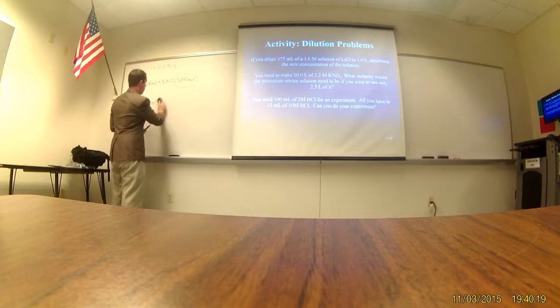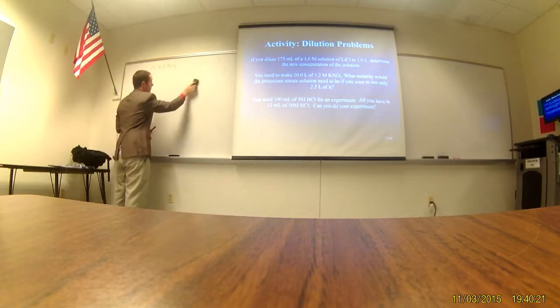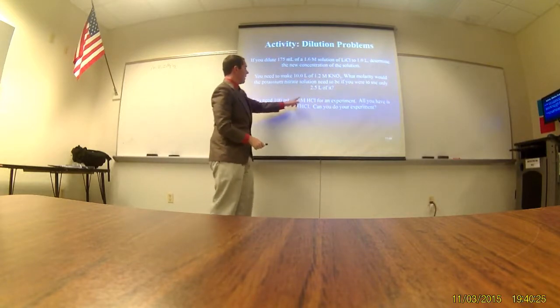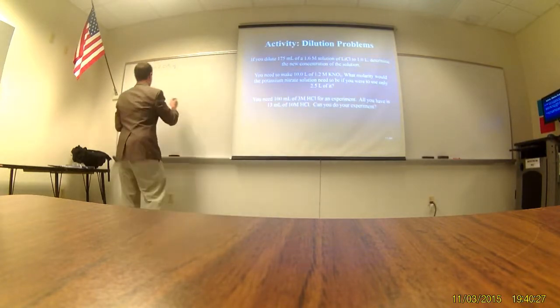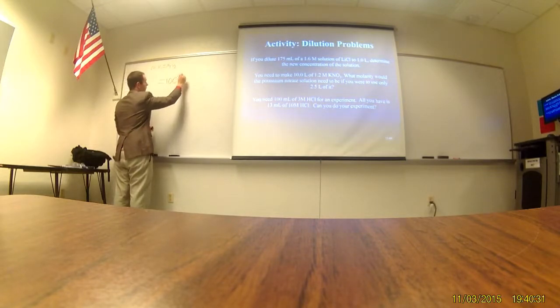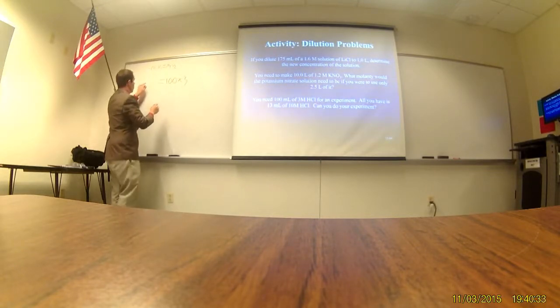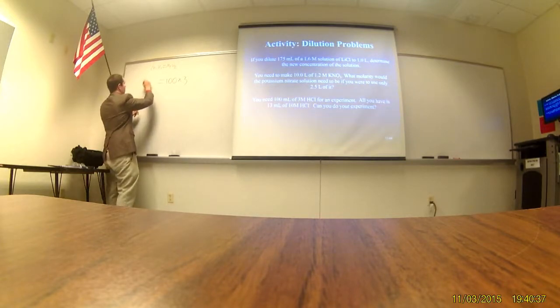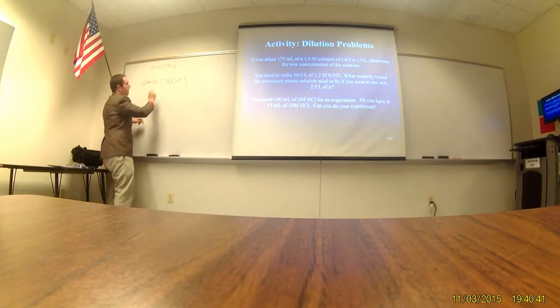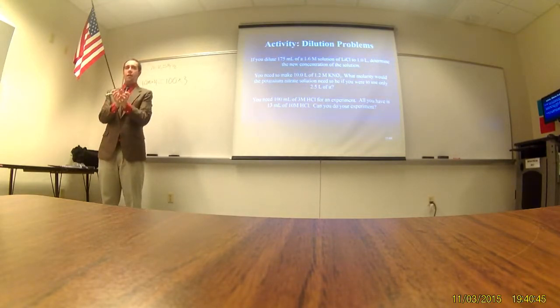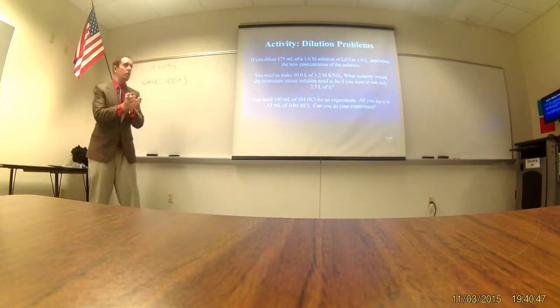Another way you can do it is to say we need 100 times 3. Our starting solution is 10 molar. And figure out how much of that solution you would need in order to do your experiment.